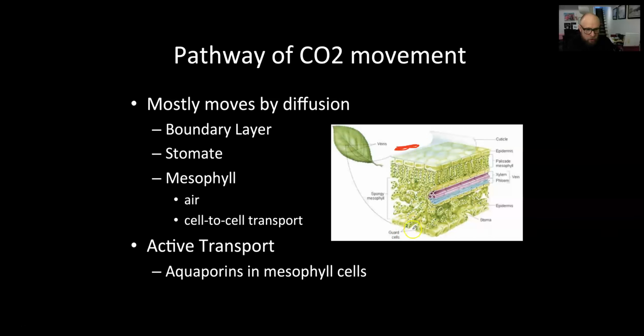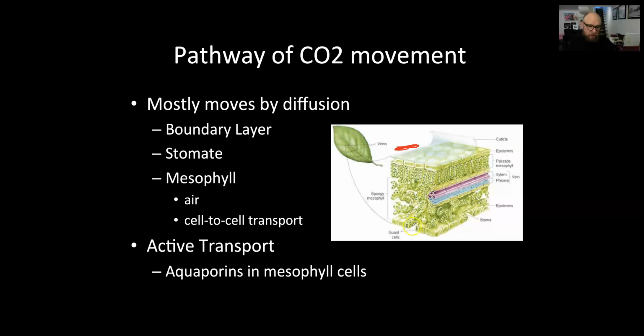And so once CO2 diffuses through the stomate, it still has to get through the mesophyll and through a plant cell wall to get to the chloroplast. Also remember, when we were talking about the light reactions, that this palisade layer up here is where most of the chloroplasts are. And we know the carbon reactions are happening inside the chloroplast.